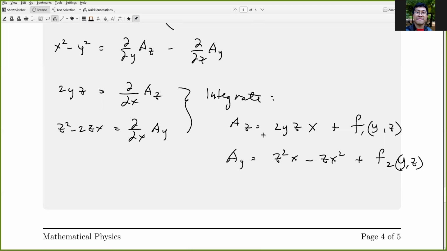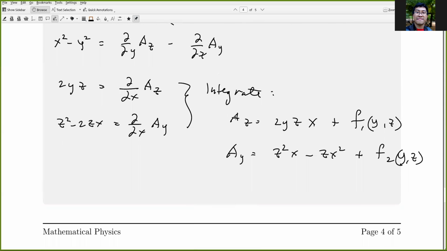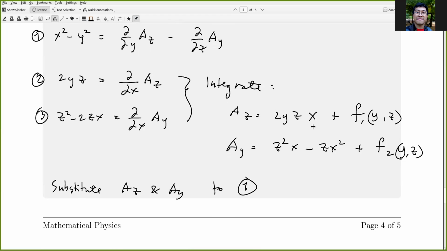Our next step is to substitute AZ and AY into equation 1, let's say equations 1, 2, and 3 into 1. Partial of AZ with respect to y would be 2zx plus the partial derivative of f1.